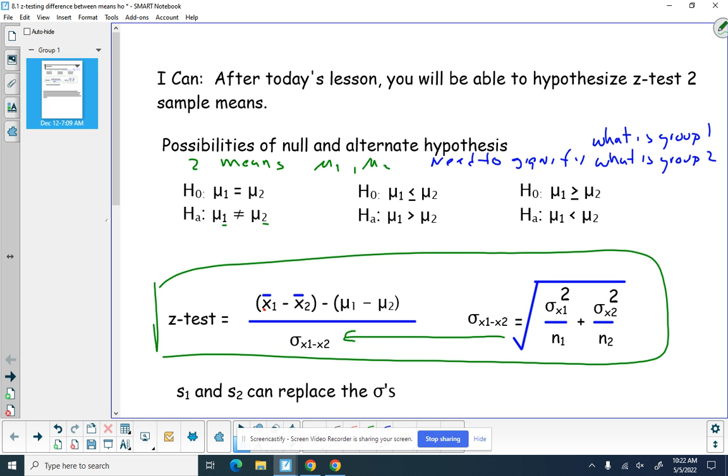But if you get into an actuary world, an applied science world, and you actually get a job working with this, all you're going to have to do is type into a computer, what's your X bar 1, what's your X bar 2, what's your mu 1, mu 2, and what your 2 sigmas and your sample sizes are.